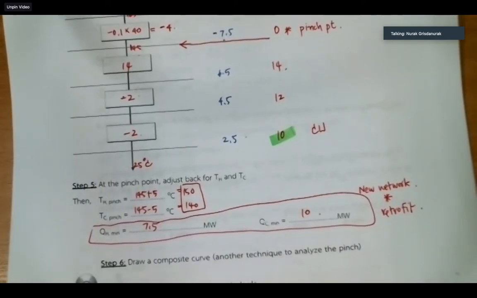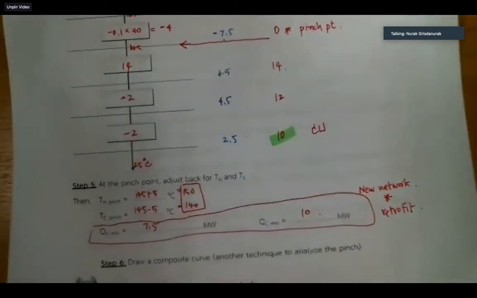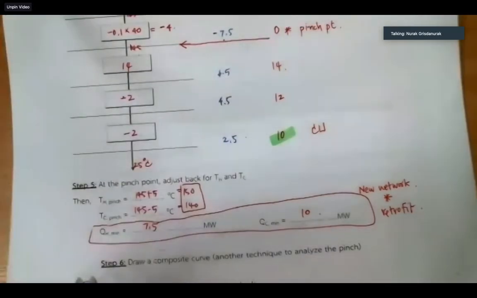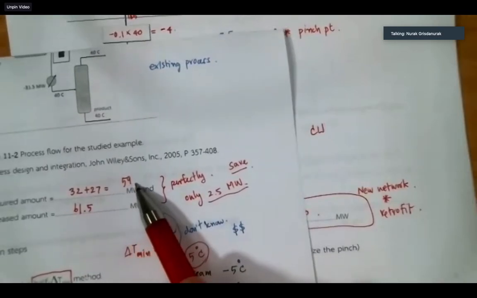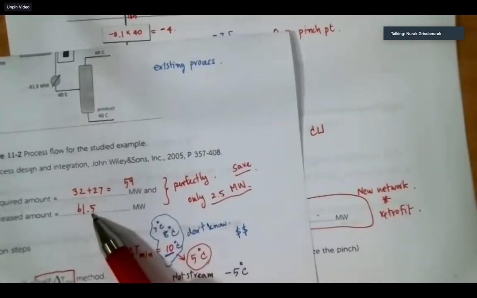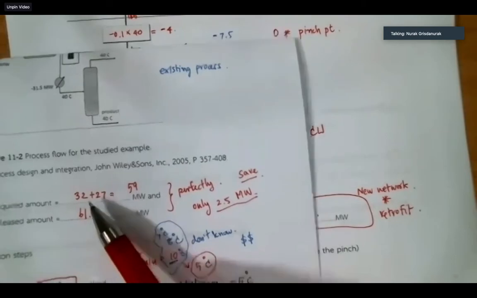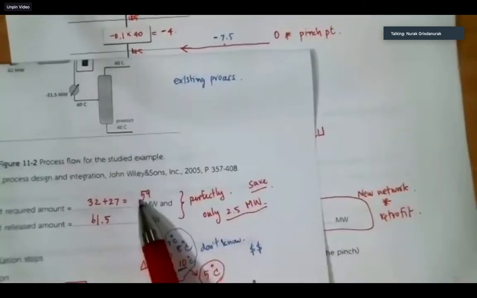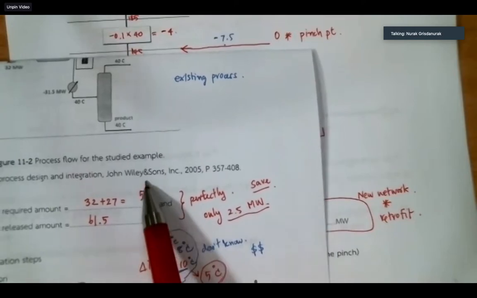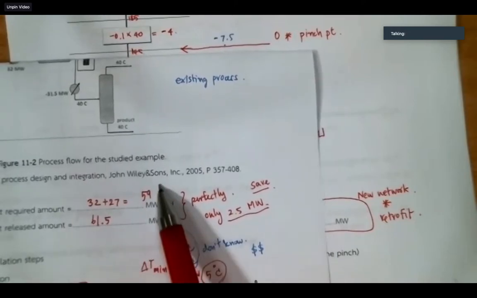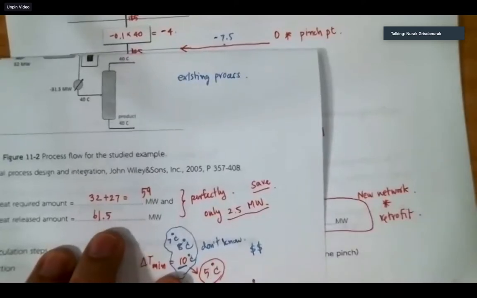Previously, what was the previous value? The previous value required 59 and 61.5, right? So how much do you have to buy for all the heat here?